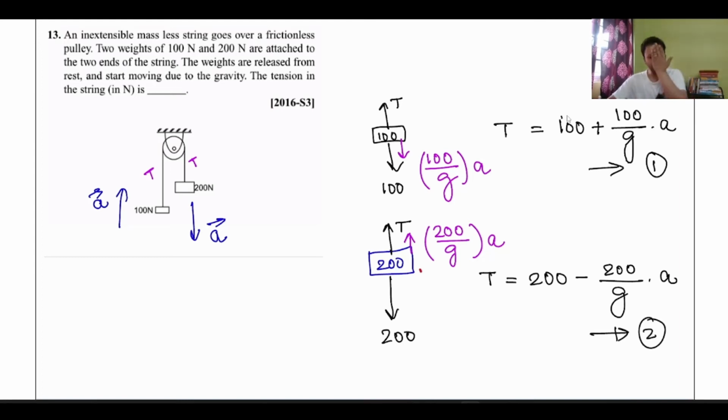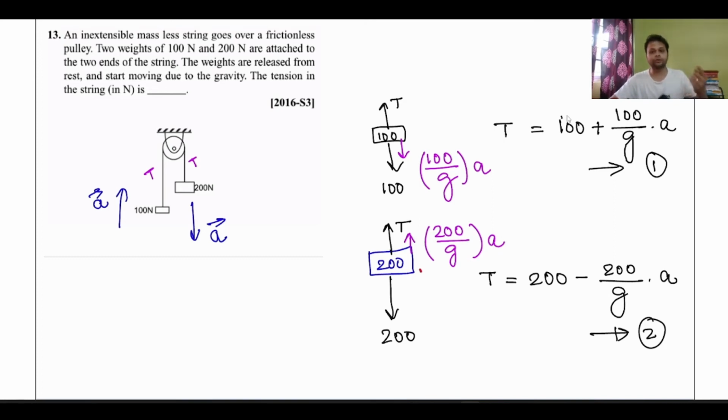So we have to find out T. We'll directly try to find T. I'll multiply the entire equation 1 with 2, so it becomes 2T is equal to 200 plus 200 by g into a. Then I'll subtract equation 2 from equation 1.